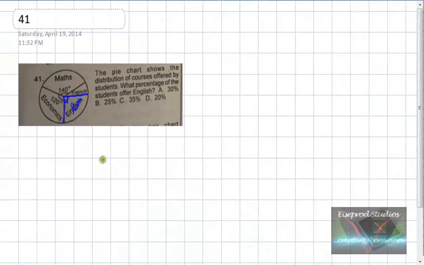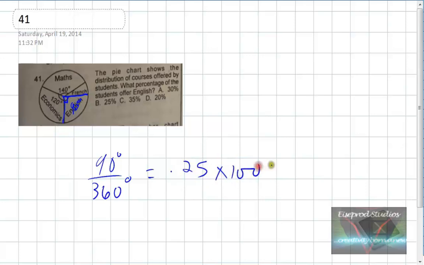So we have 90 degrees out of the total 360 degrees that are possible in a circle, which is 0.25 of the circle, and if we multiply that by 100, we have 25% or 1/4 of the circle.